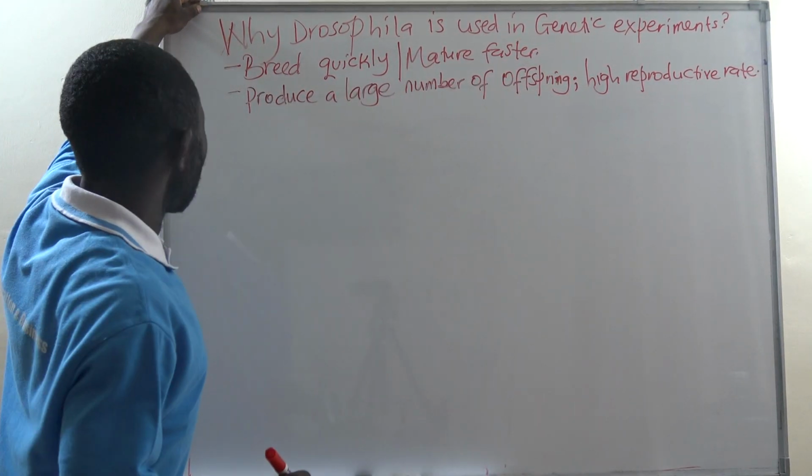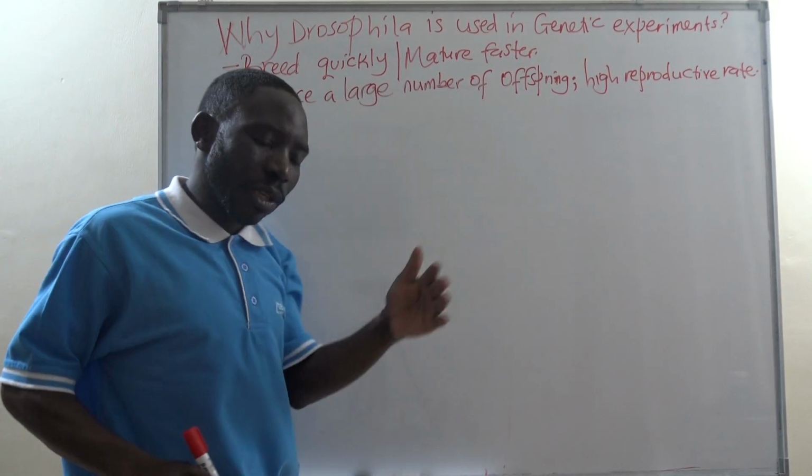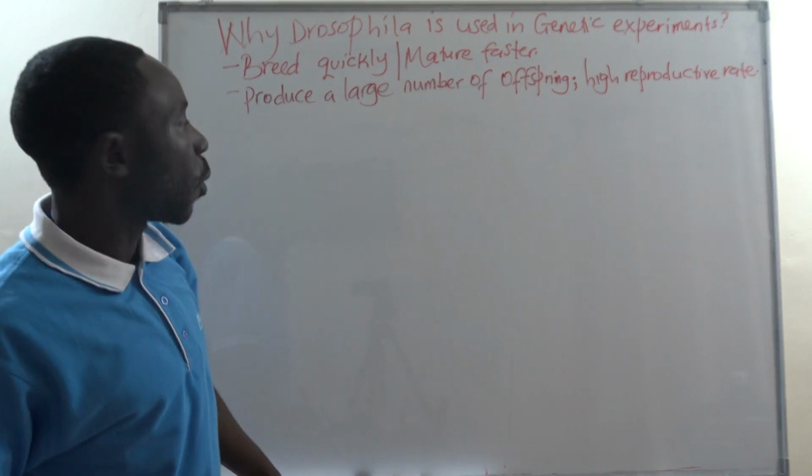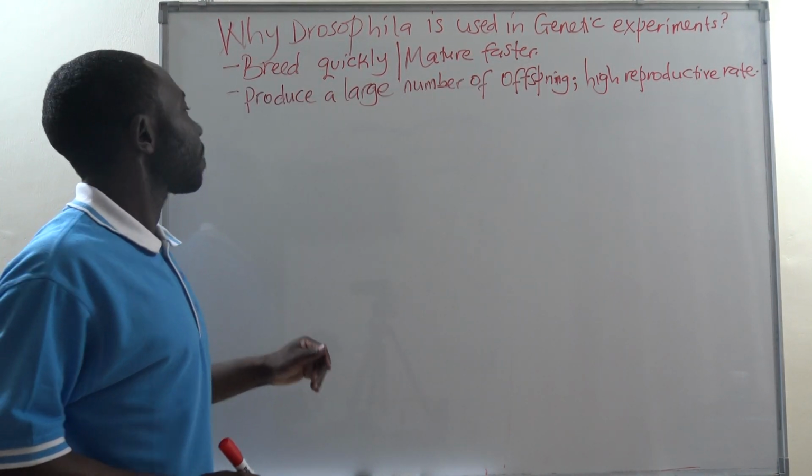Then the other one is that the Drosophila has 4 pairs of chromosomes, which makes them easily studied.